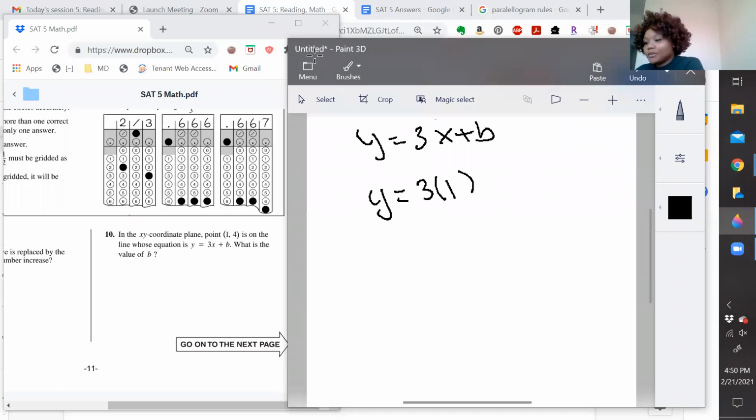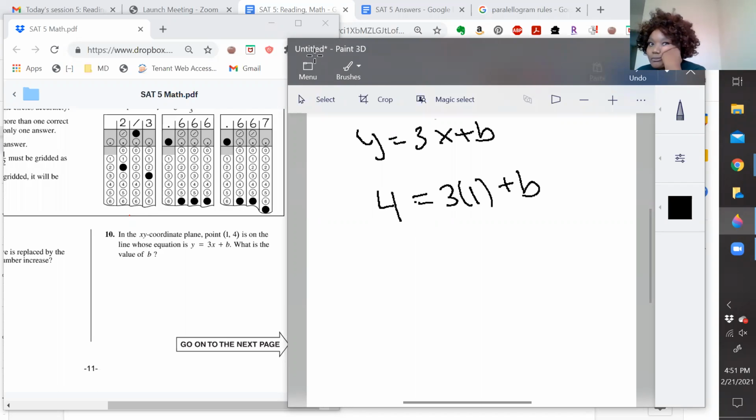Let me just rewrite that one second. So we're rewriting with the equation. And you subtract 3 on both sides to solve for b, and you get 1.